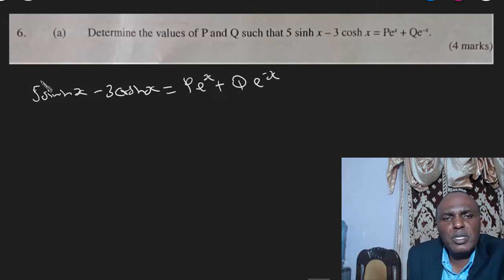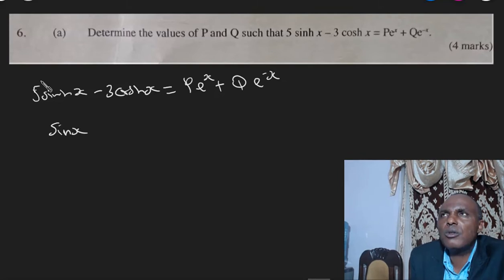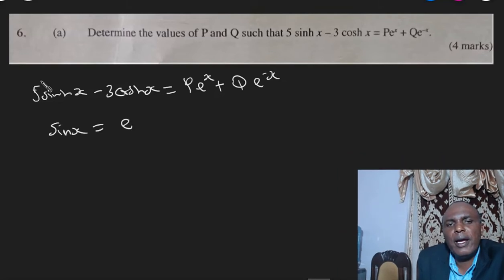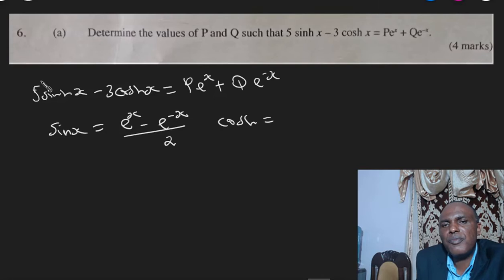But before we do it, let us remind ourselves what sinh x and cosh x and probably tanh x are. Sinh x is equal to e to power x minus e to power negative x over 2, while cosh x is equal to e to power x plus e to power negative x divided by 2.